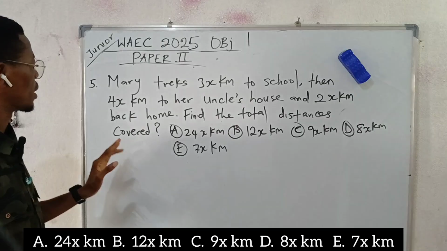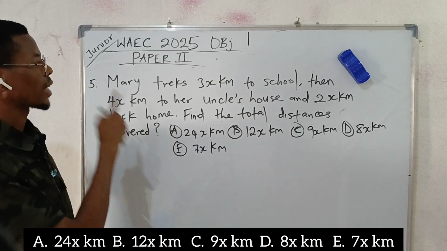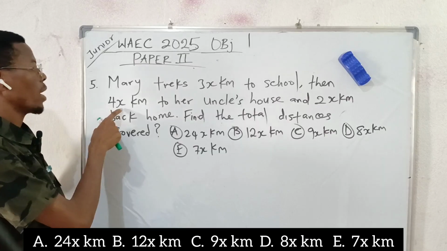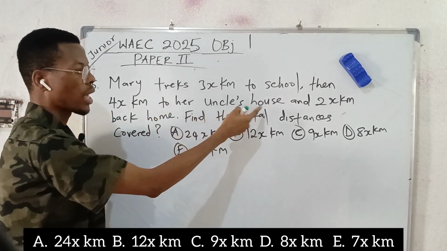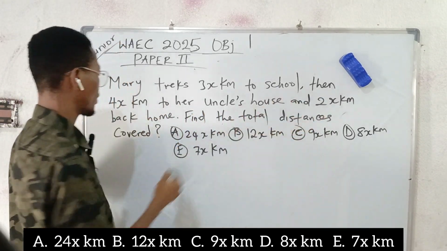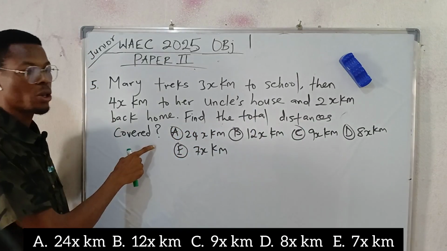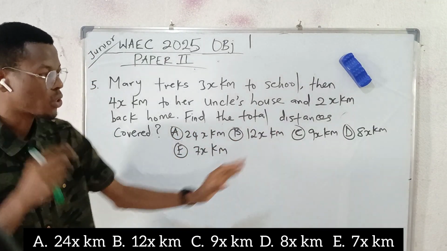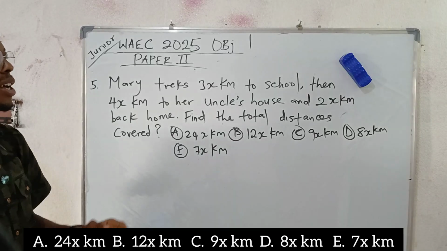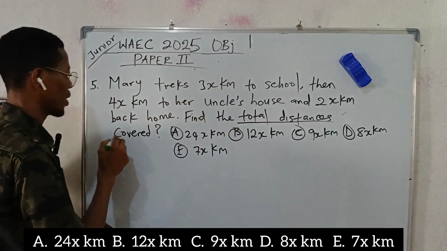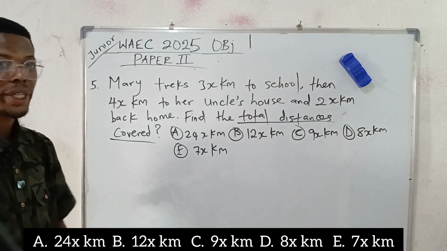Question number 5 says, Mary treks 3x kilometers to school, then 4x kilometers to her uncle's house, and 2x kilometers back home. Find the total distance covered. So we have all our options here. They asked us to find the total distance she covered when she was trekking.